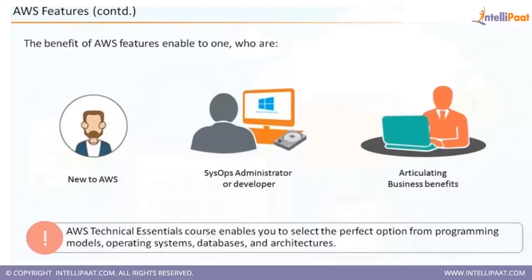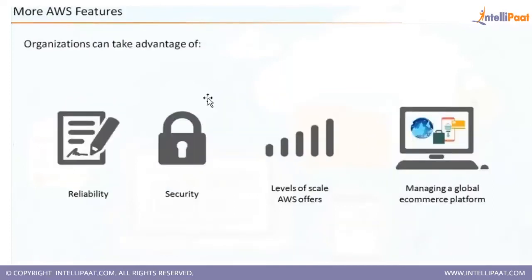Apart from that, I have already discussed security and scalability. Reliability is definitely there, as I told you, it is one of the matured cloud technologies in the market. Day by day they are increasing their presence all over the world.